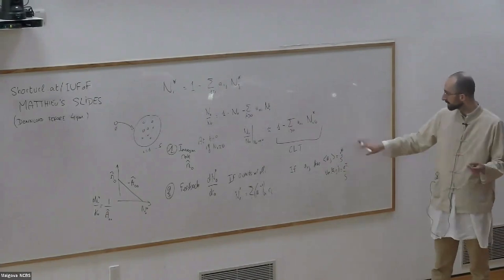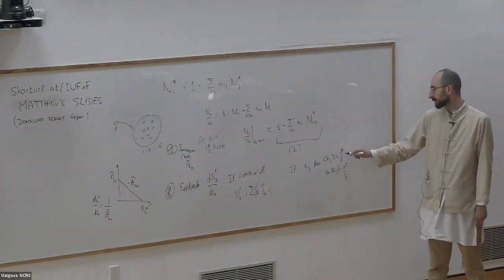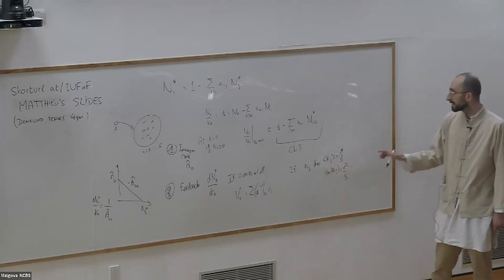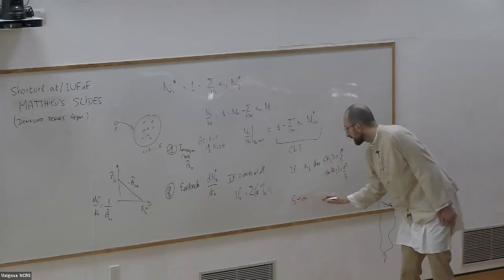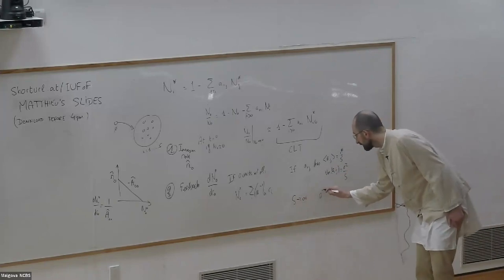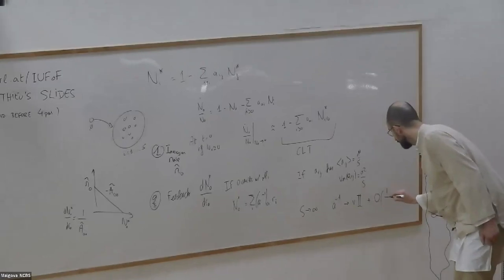They could be 0.1, they could be 10, they could be maybe 50, but they're reasonable numbers. So if Aij has this, then in the limit S goes to infinity, A minus 1 tends to some constant V times the identity matrix plus something of order 1 over the square root of S.